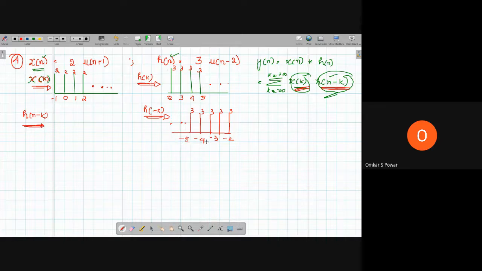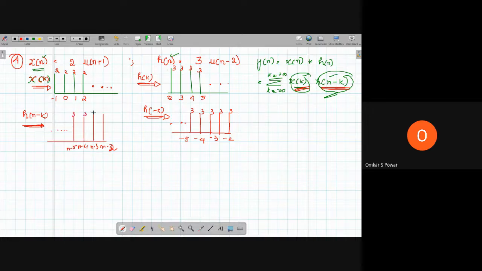So n minus 5, n minus 4, n minus 3, n minus 2. The plot remains the same; down below you are adding the n. So this will be n minus 2, n minus 3, n minus 4, n minus 5, and so on.